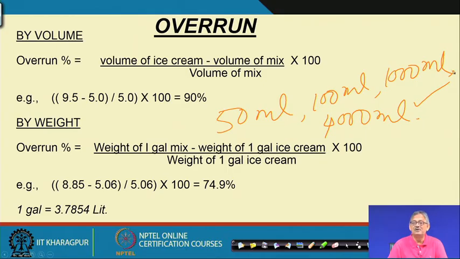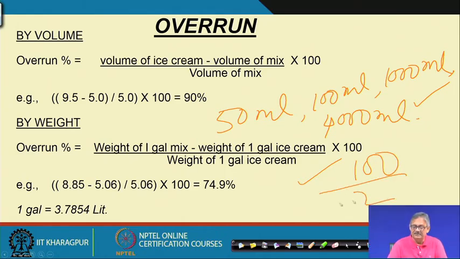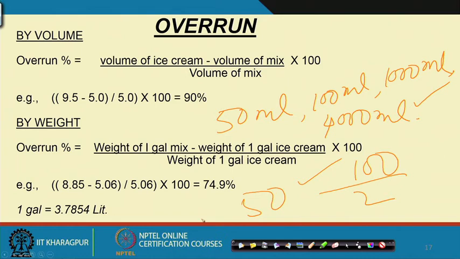50 ml was not there; maybe a couple of decades back it was introduced in the ice cream industry, because when the price was going up, they thought that 100 ml may be too costly to buy. So, let us make it half of that. So, 50 ml came in, right, and the price became almost close to half, and that is why people could buy.